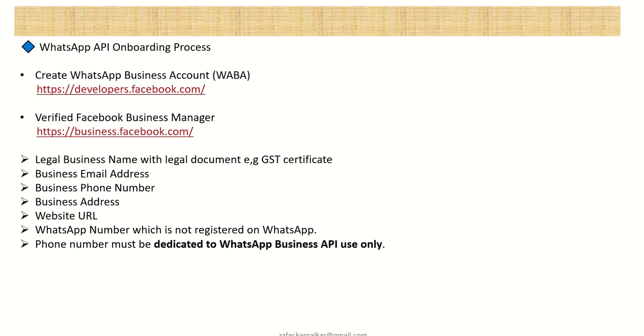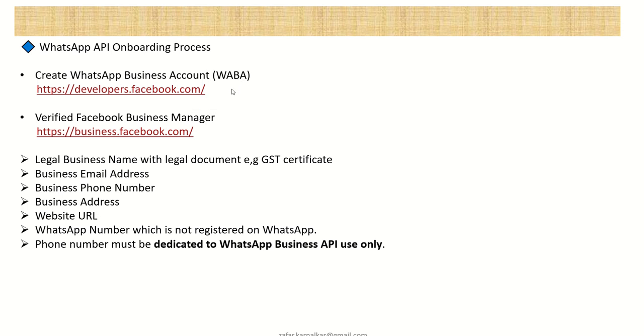Whenever you want to purchase a WhatsApp API for your business, we must have all these things. The first is that we must create a WhatsApp business account, and this is the website developers.facebook.com. On this website, we first have to create a WhatsApp business account.